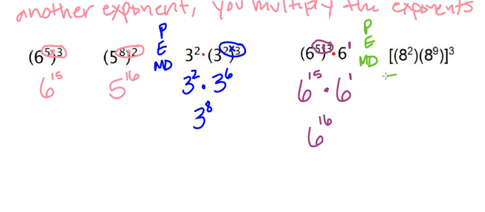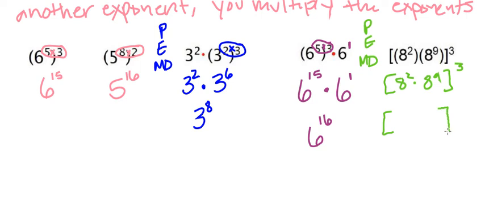Right in here, this is the exact same thing as saying 8 squared times 8 to the ninth, raised to the 3rd power. And what they did is they used the parentheses instead of the dot for the multiplication symbol just to confuse you, to make sure you know that I'm not raising a power to a power in there. That's just normal multiplication. So when we look at it like this, it becomes pretty simple.